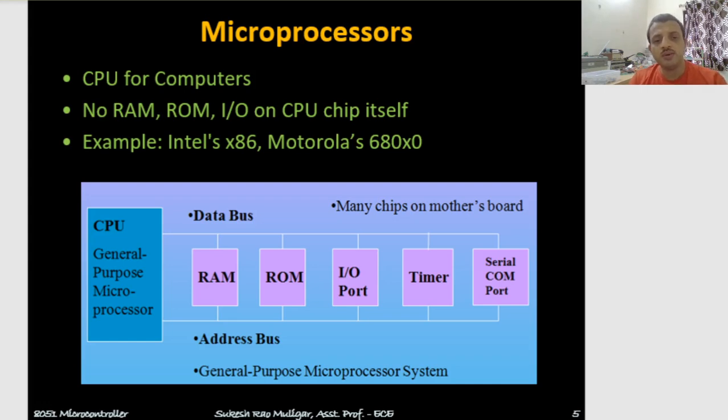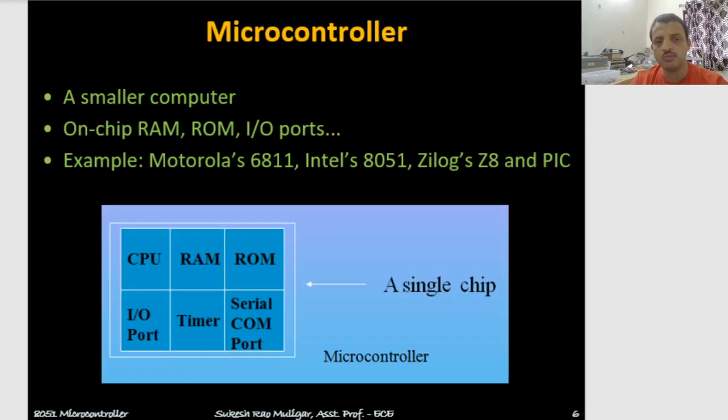Now, a typical microprocessor system will have, as I said, a CPU, ROM, RAM, IO port, timer, and serial port. So let's move on quickly to a microcontroller unit. A microcontroller is a single chip solution, whereas a processor is supposed to have the RAM and ROM externally. So the data will be huge for a processor based system, whereas the data processing is minimal in the case of a controller system.